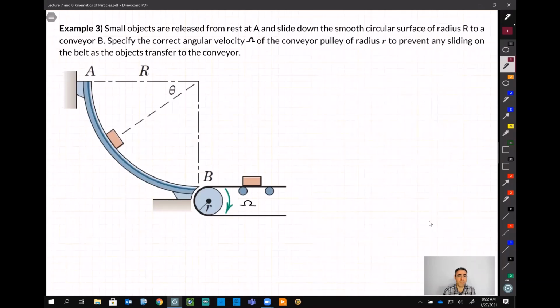Let's solve another problem. This is also a very important problem, and I want you to pay very good attention to it. If you downloaded the previous version, there was a typo which I corrected, not a big deal, like this omega here. This is the omega that we are referring to.